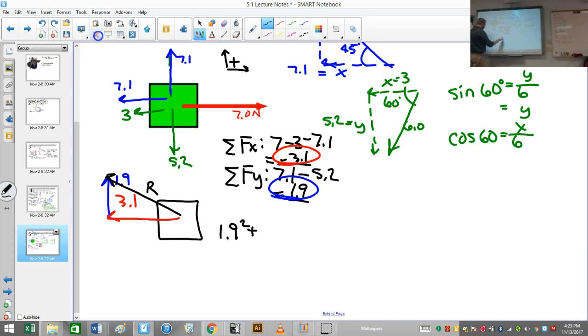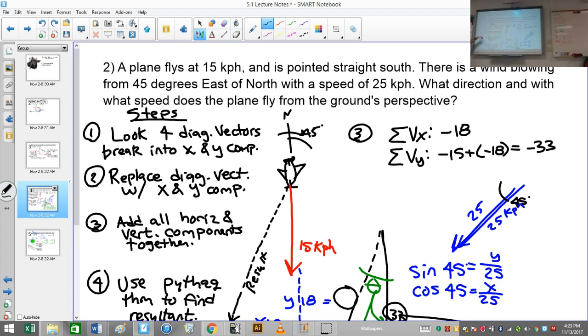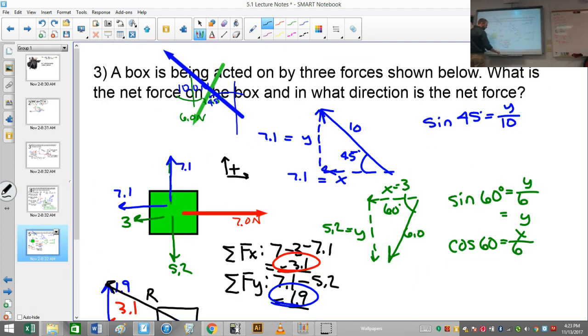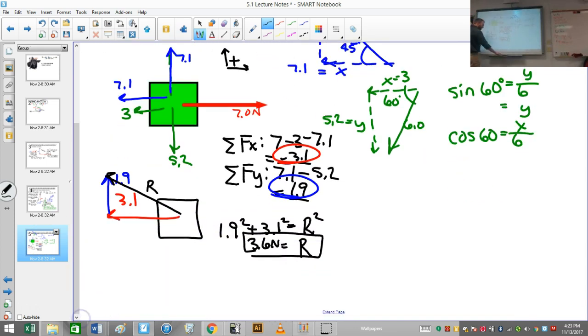Use the Pythagorean theorem: 1.9 squared plus 3.1 squared equals my resultant squared. So my resultant turns out to be 3.6 newtons. The last step, step 5, use inverse tangent to find my angle. My angle here, I'm going to call it alpha.